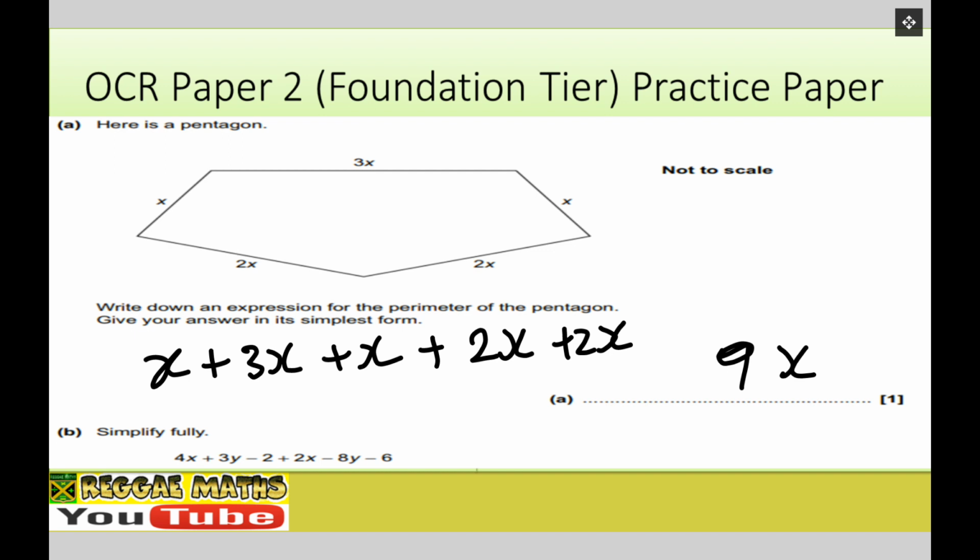Okay, here we collect like terms. Here we have 4x plus 2x, so that's 6x. We have plus 3y minus 8y is minus 5y.